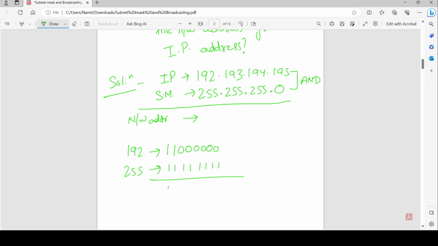If I perform the AND operation, if one number is the maximum possible number and another number is something else, then the result of the AND operation is always that something else. So this one is 192, next one would be 193, next one would be 194. But over here, if you perform the AND operation of a 0 with any number, it would be 0 only. So that's how you calculate a network address.